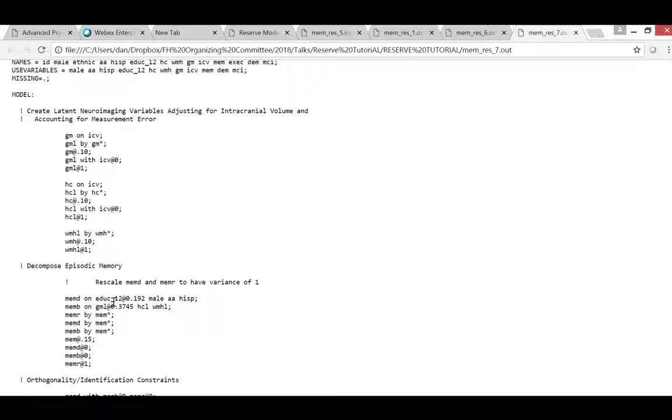And probably I would recommend that you don't do this orthogonal decomposition. I think if you just do the residualizing of your cognitive measure for the things you want to residualize it for, that's probably going to be very good for this meeting.